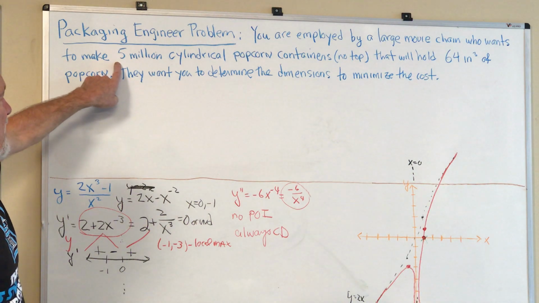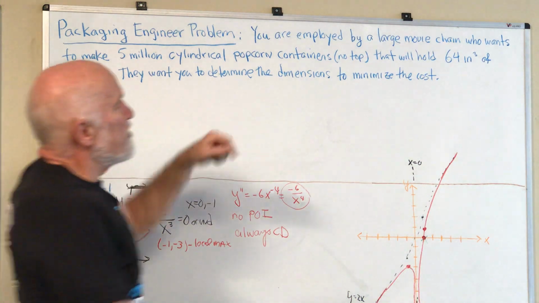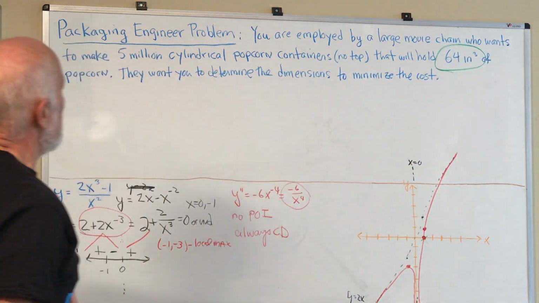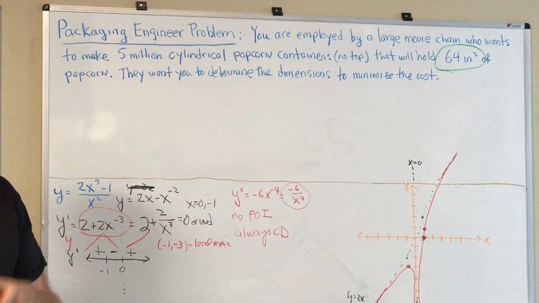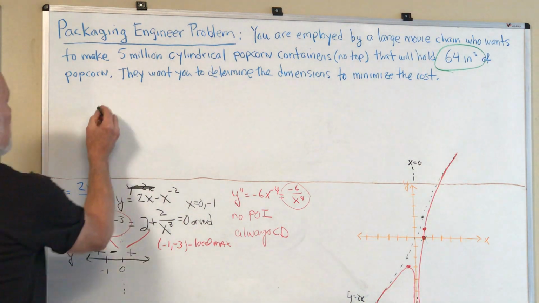So they're going to make 5 million of these that are going to hold 64 cubic inches of popcorn. And they want you to determine the dimensions of a cylindrical container because they want to put them into a cylindrical container.